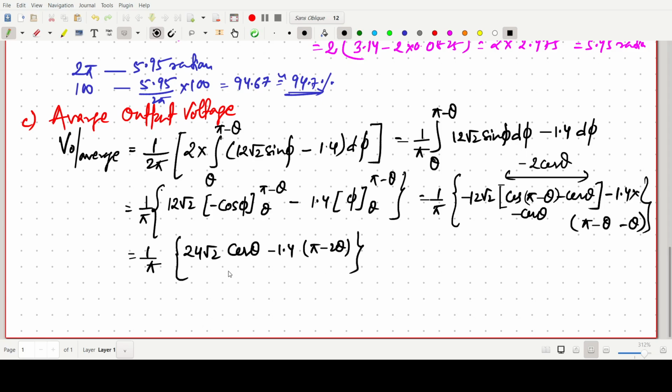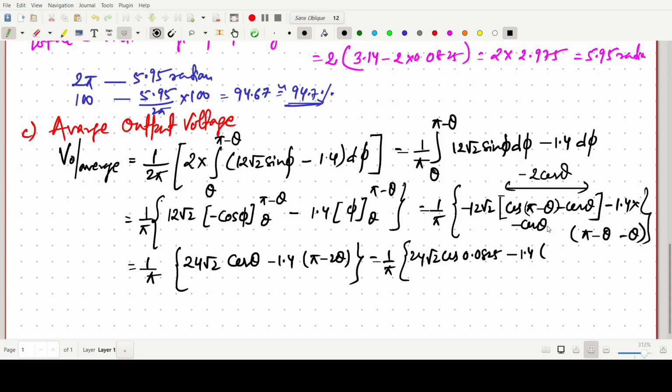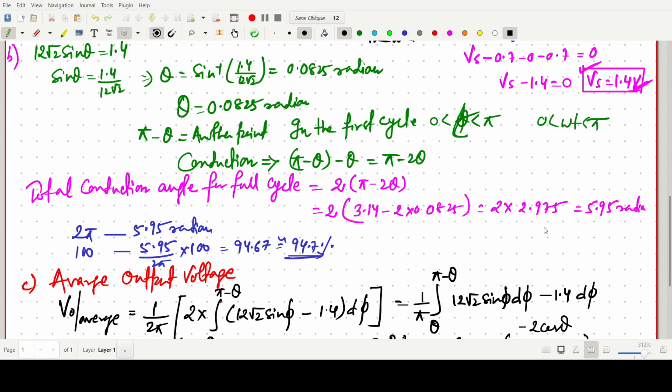Okay, so now we have to put the value. So what we can write: 24 root 2 cos theta, 0.0825, okay, nearly 0, so its value will be 1. So directly 24 root 2 minus 1.4 pi minus 2 theta. Have you calculated pi minus 2 theta?